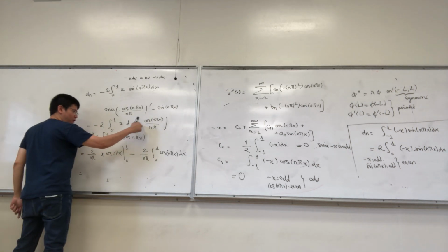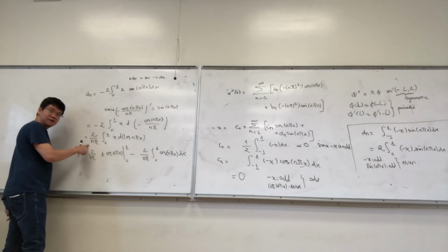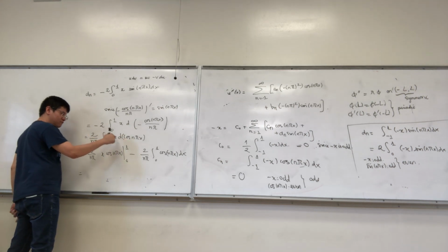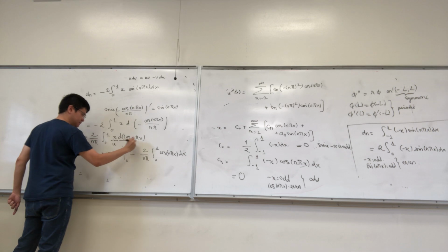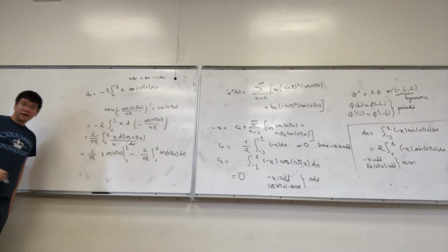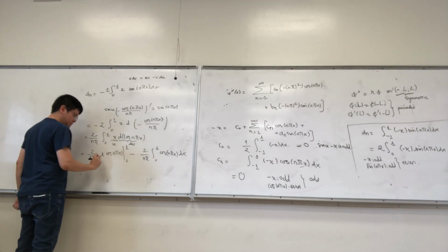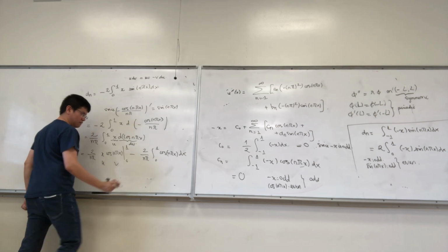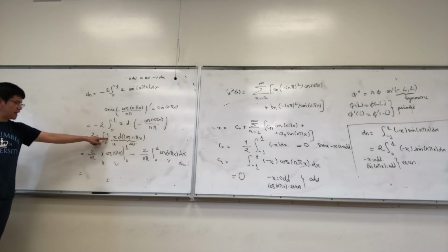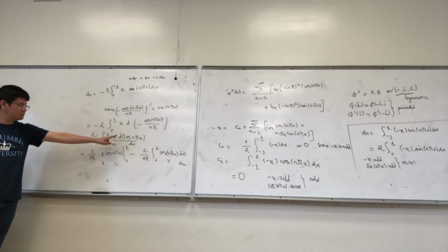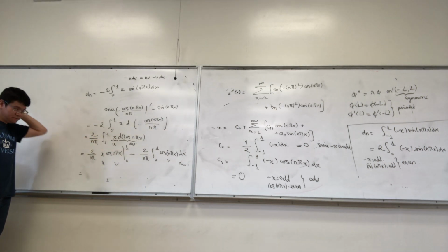I can remove all the constants outside, so I have 2 over n pi times the integral from 0 to 1 of x d of cosine n pi x. So this is u dv. The integral of u dv is uv minus the integral of v du. u is x and dv is d of cosine n pi x.